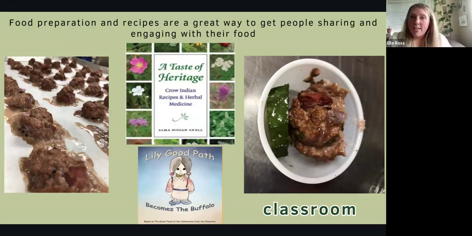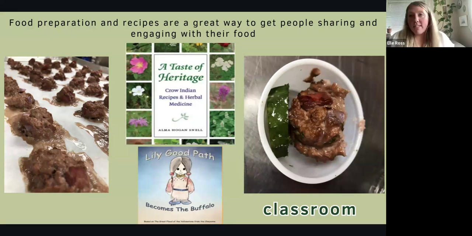And so we used a recipe from this book that allowed us to talk about traditional recipes and different ways of preparing food. It really leads nicely into talking about dehydrating and harvesting and different food preparation techniques.